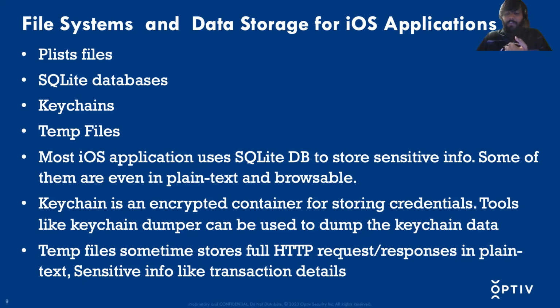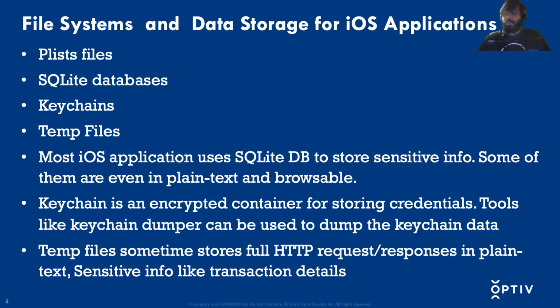Many of the times these databases are not encrypted. You can simply use the cat command to print the database content, or you can open it in the SQLite browser and explore the application database. But in order to obtain the database, you will need to access the file system of the iPhone.